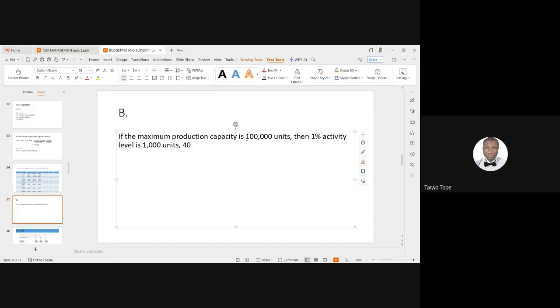So 40% level will be what? It will be 40,000 units. 40,000 units. How are we going to get that? It will be your 100,000 multiplied by what? 40%, right?